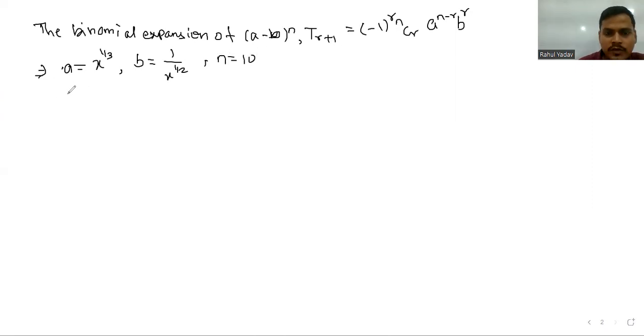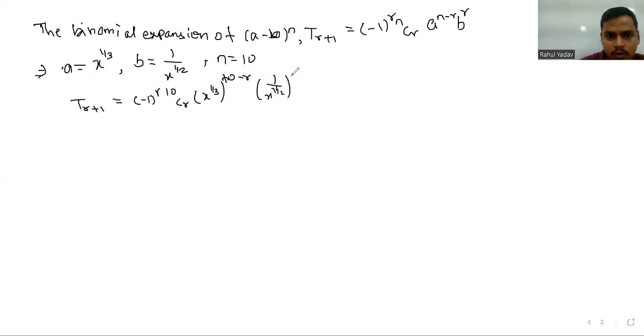So student, we will substitute this in the general term: T(r+1) is equal to minus 1 power r, n is 10, 10Cr, a is x power 1 by 3, to the power 10 minus r, and b is x power 1 by 2, to the power r.